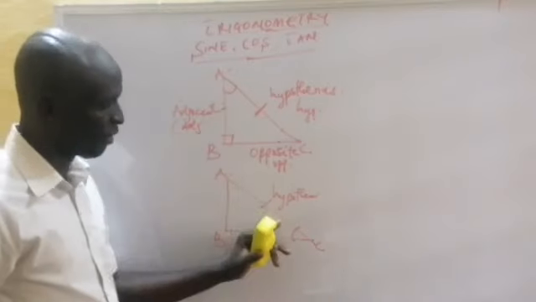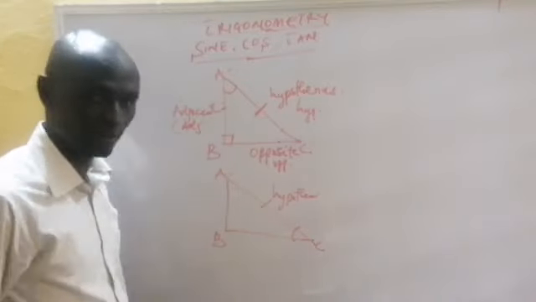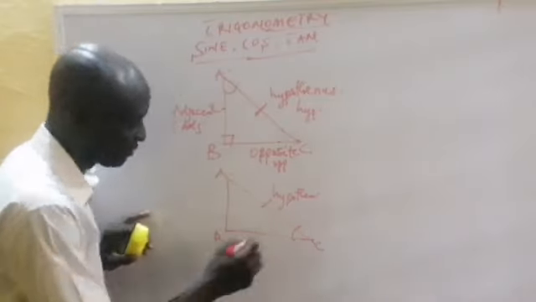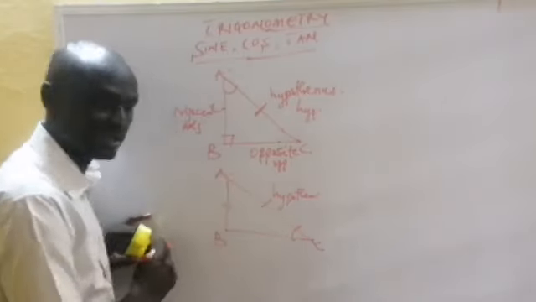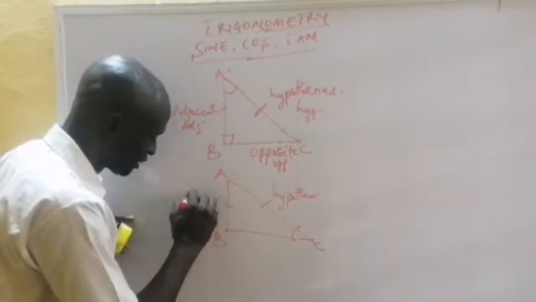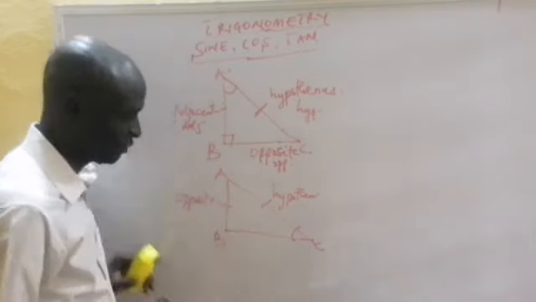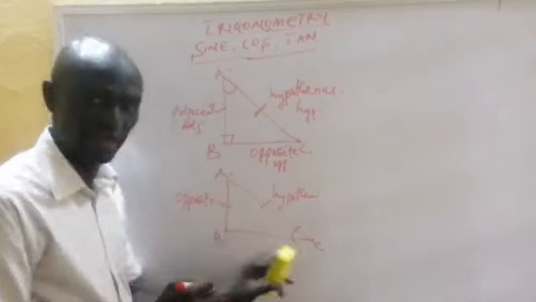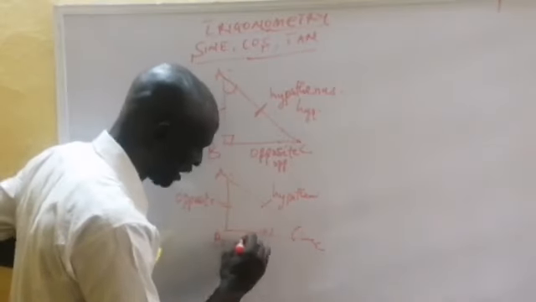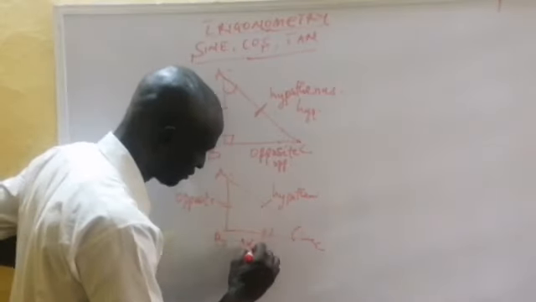At A. But here I am focusing on the angle at C. If I'm talking about the angle at C, this side opposite C becomes my what? Opposite. And this side beside C here is called my what? Adjacent. So that with respect to any of the angles, you can label your right angled triangle.